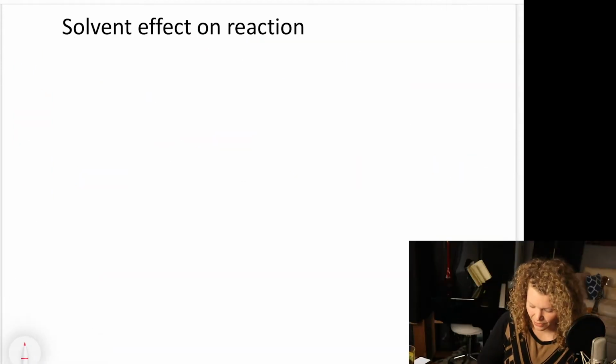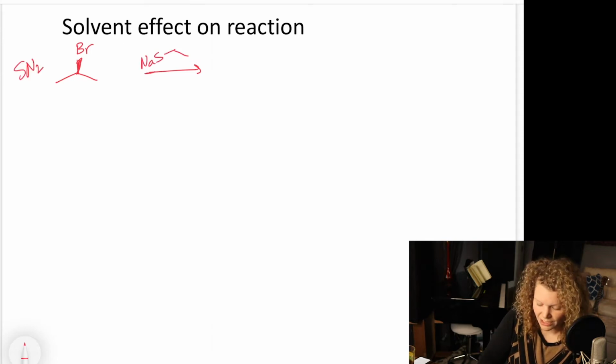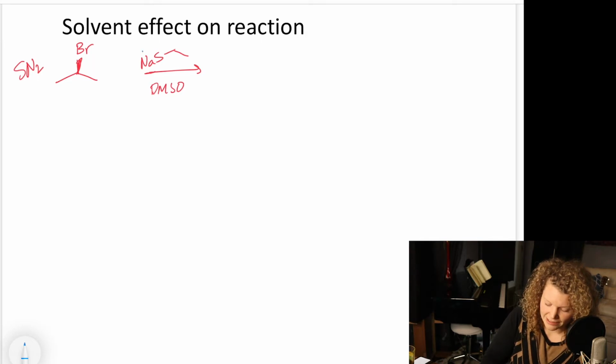Let's take an example that we've gone over before. Let's do an SN2 reaction here. We're going to do this reaction in the presence of DMSO. Now, when we think about the mechanism here, we know that we're going to attack the back side of the carbon with the leaving group.